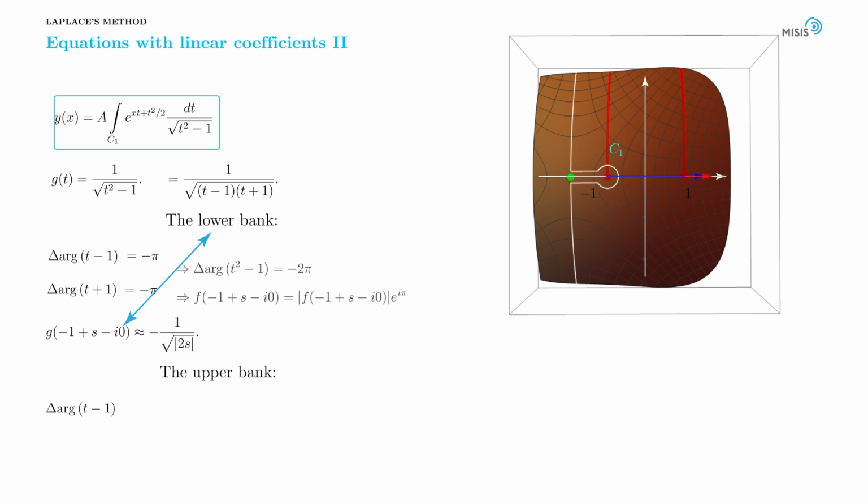As you see from the picture, the t minus 1 change of the argument is as before negative pi. But the t plus 1 change is pi, however. As a result, the total argument of t squared minus 1 stays unchanged. So now the g of t function at the upper bank preserves its positive sign, and we have. And finally, we compute the integral defining the asymptotics.